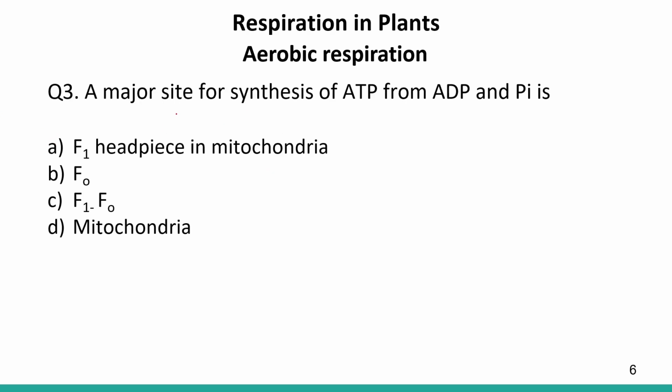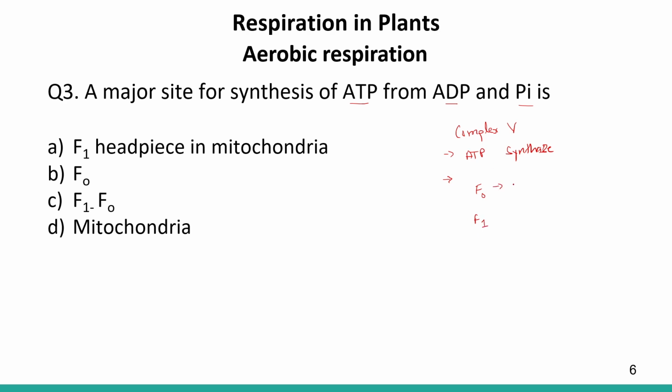Now, next question is, a major site for synthesis of ATP from ADP and inorganic phosphate is? Let's talk about complex 5 of the electron transport chain. Complex 5 is known as ATP synthase and is involved in ATP synthesis. It consists of two parts, first the F0 part and second the F1.